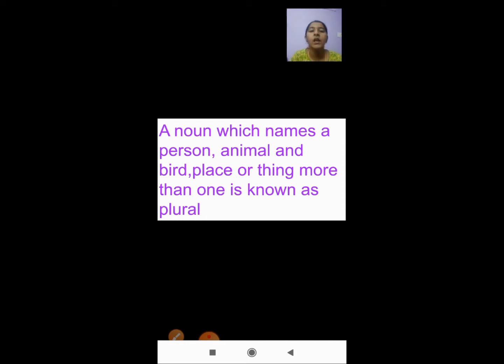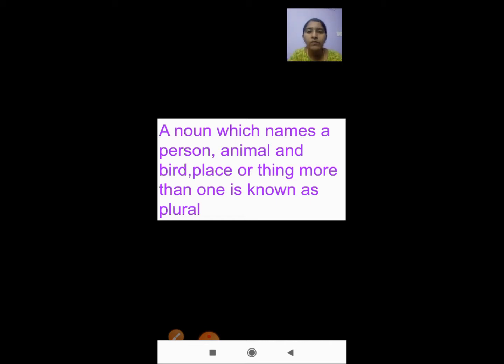So there we are seeing only one noun, one person, one bird, one animal. Here, if you have more than one, for example 2, 3, 4 like that, then we call it a plural noun. If only one is there, we call it singular. Single means one.